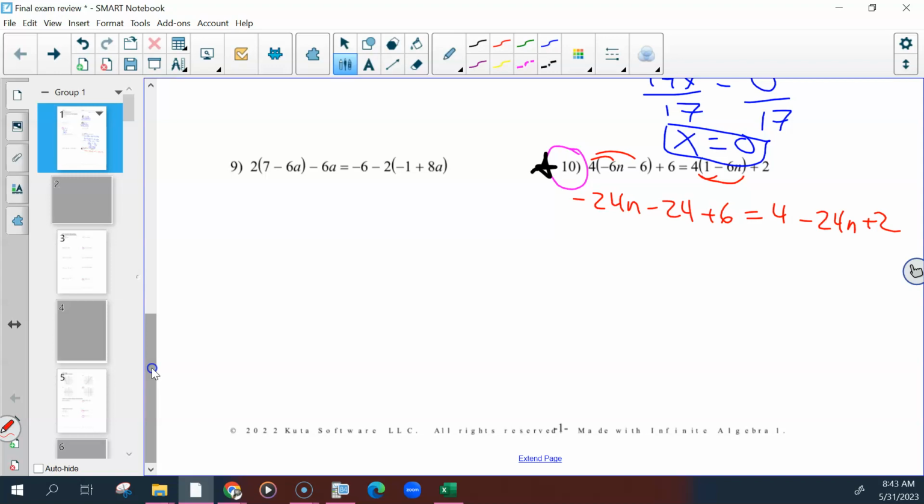Combine all your like terms on both sides. So combine all your like terms on one side and then on the other. Yep, combine 7.